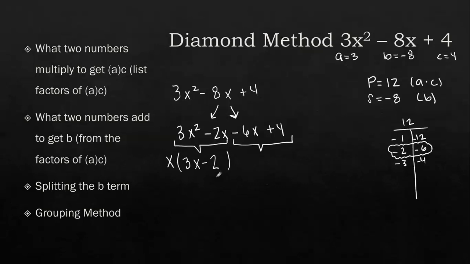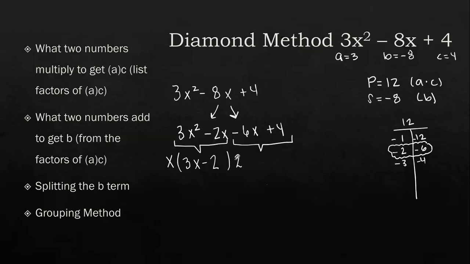So remember, your goal is to get the same thing in the second parentheses. So let's keep that in mind. Let's look at our second group. Negative 6x plus 4. What goes into both negative 6x and positive 4? 2. Thanks.